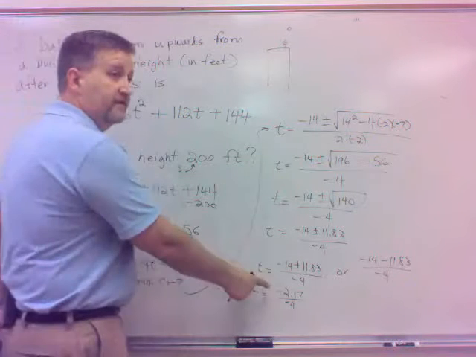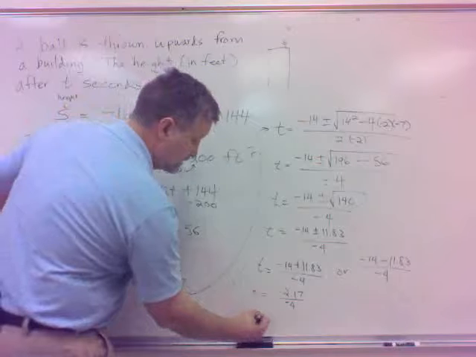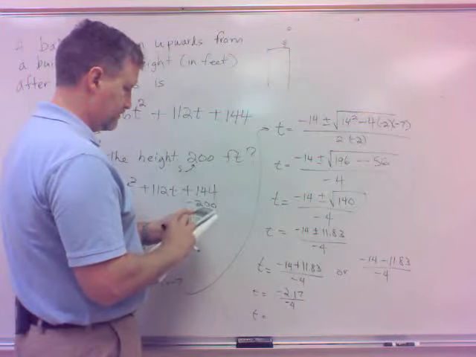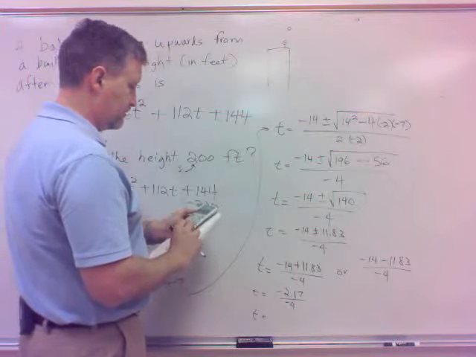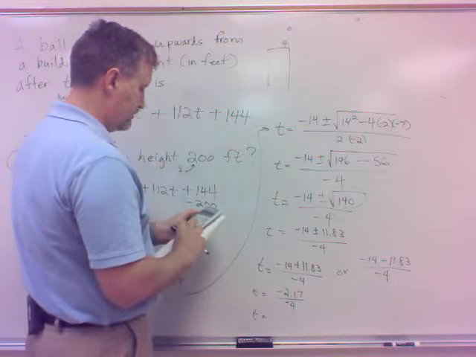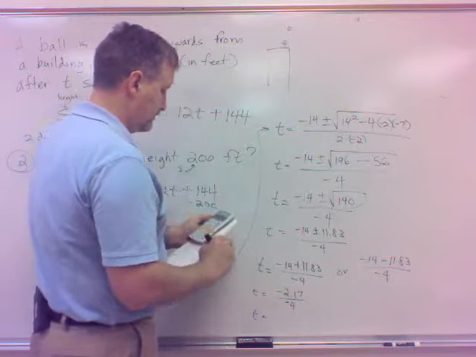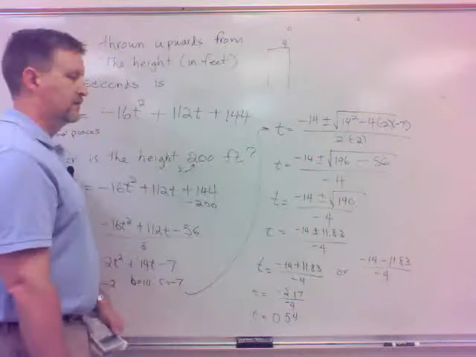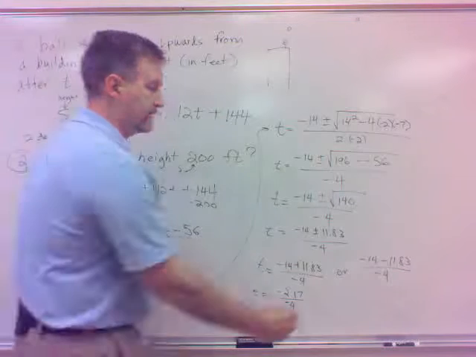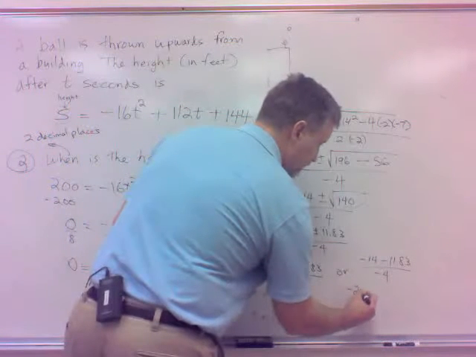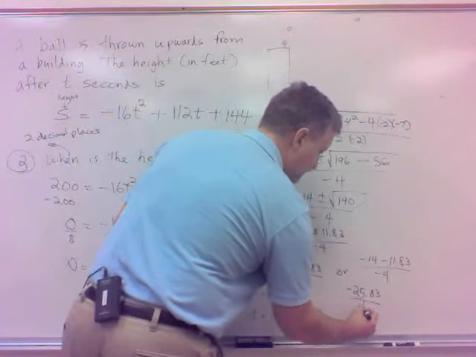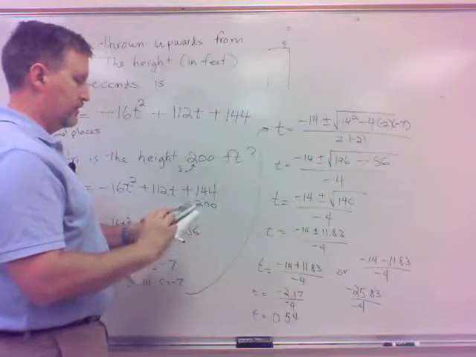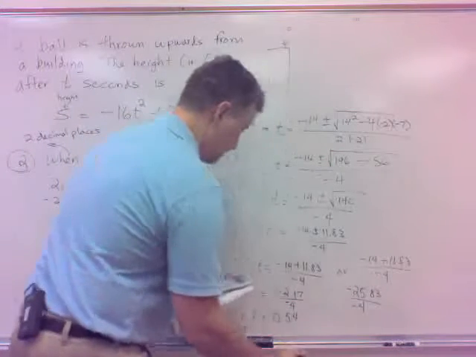But it is a negative, and a negative divided by negative is a positive, so this is going to wind up being 0.54, yeah, positive. So that's going to be a good answer. And then negative 25.83 divided by negative 4 is going to be 6.46.